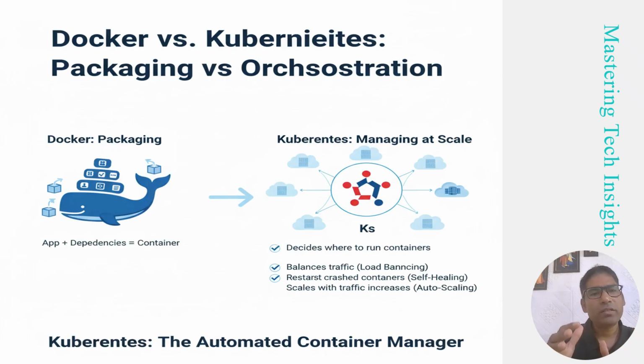In simple words, if Docker is about packaging your apps, Kubernetes is about managing all those packages automatically. It decides which server each container should run on, balances the load between them, restarts crashed containers, and even scales up when traffic increases.